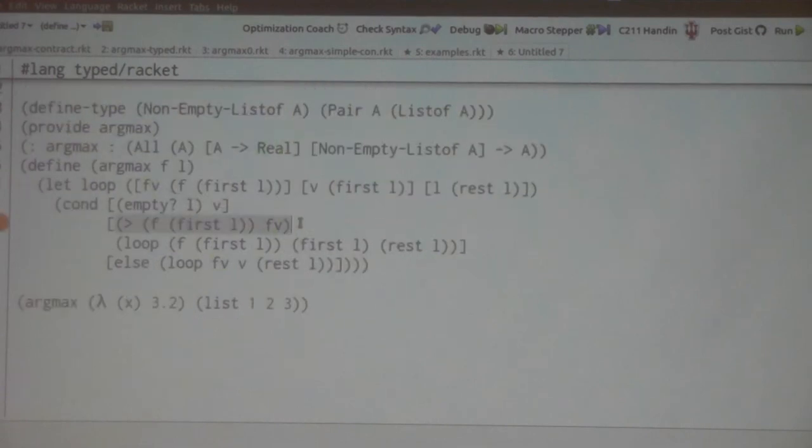The reason why that's the case: in typed Racket, you can write programs that check whether something is of a particular type and do something different based on that. But we can't check whether something is an A. Just like we don't have a general way of comparing A's in a particular way, we don't have a way of testing for A's.